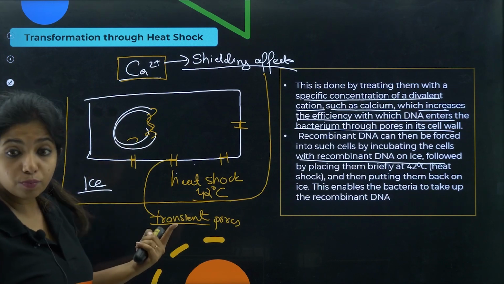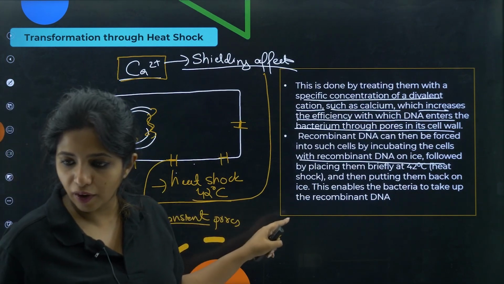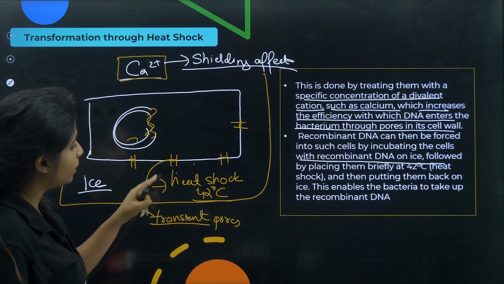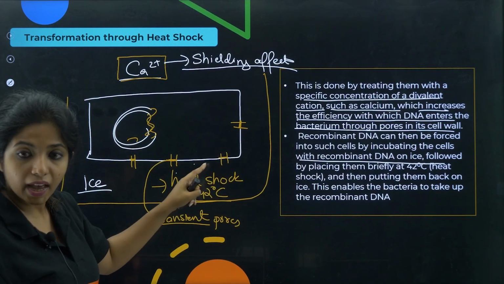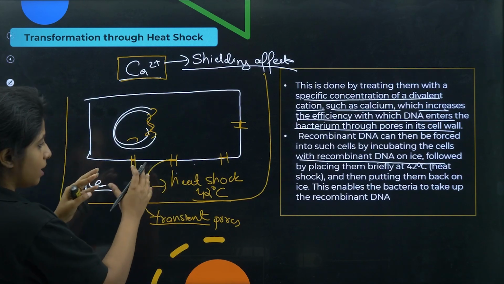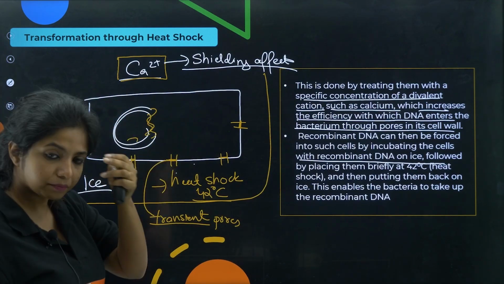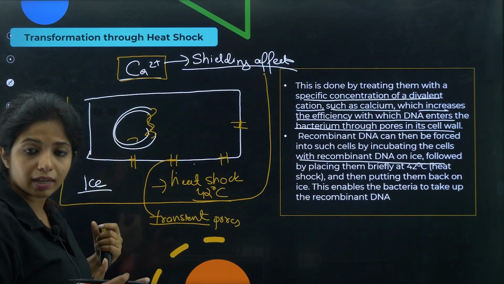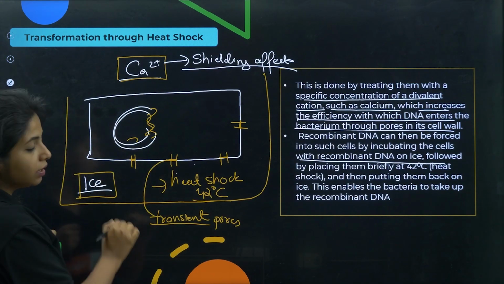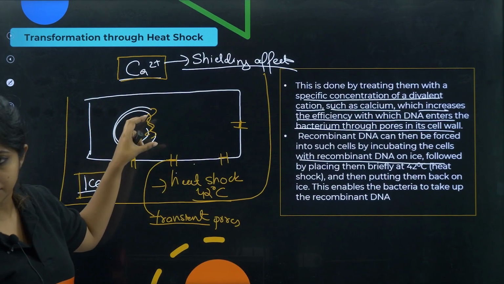Then I was providing heat shock treatment, almost 42 degrees Celsius. At this point, there will be small transient pores made over here. With the help of these transient pores, whatever recombinant DNA is there will get inside. And then I am again treating it with ice, so all the transient pores close up, and now I have the recombinant plasmid inside.